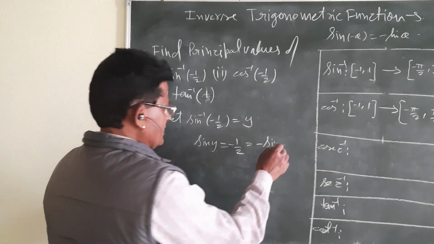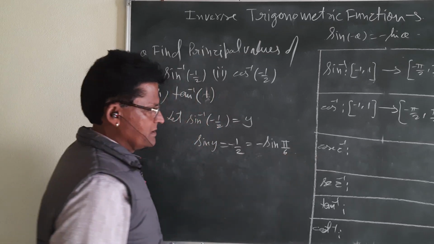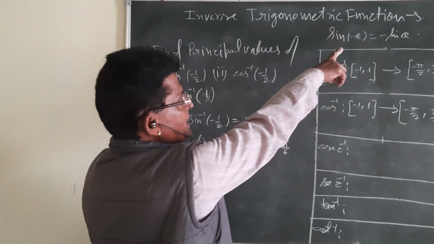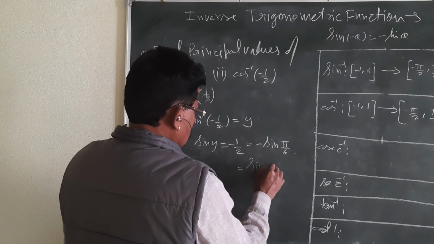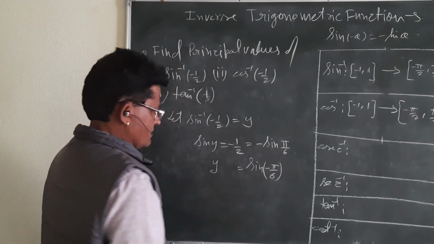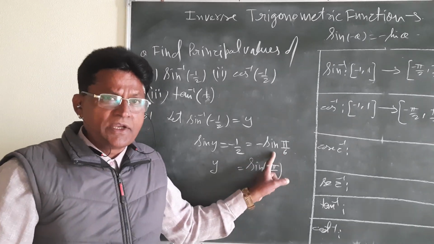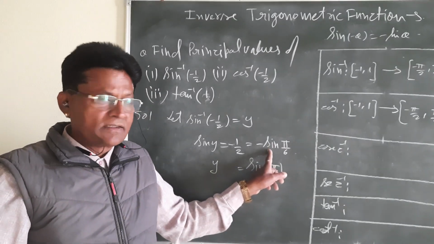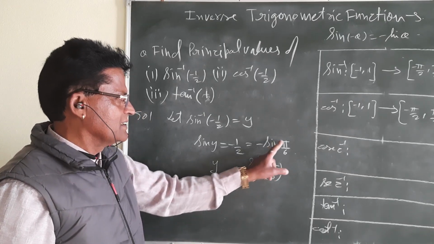That is why it will be pi by 6, because 30 degree is pi by 6. And you can apply that one. It will be equal to sine minus pi by 6, because sin minus theta is equal to minus sin theta. See carefully, this is very important. In case of sin only, sin minus theta will be minus sin theta.